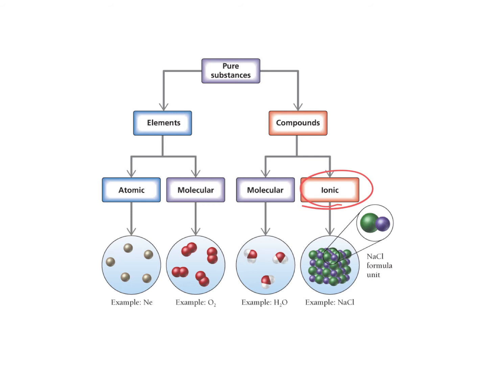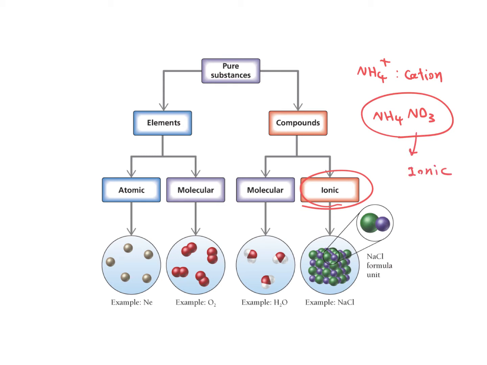Why not? Exactly, it's not a metal and nonmetal. And be careful, we have one exception, and that is NH4 plus, which is a cation and forms an ionic compound like NH4NO3.